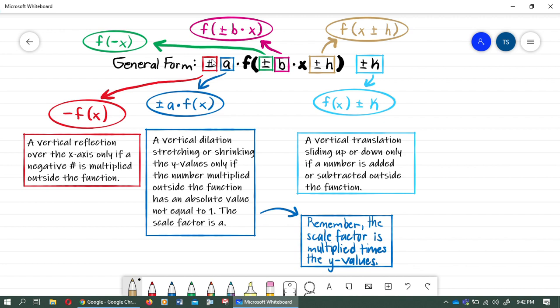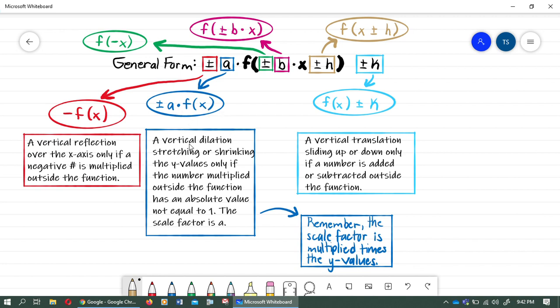So again, the plus or minus on the outside, the number being multiplied on the outside, and whether or not there's something added or subtracted on the outside, those are all vertical changes. There's only a vertical reflection if there's a negative number being multiplied on the outside. And a vertical reflection is going to be a reflection over the x-axis.